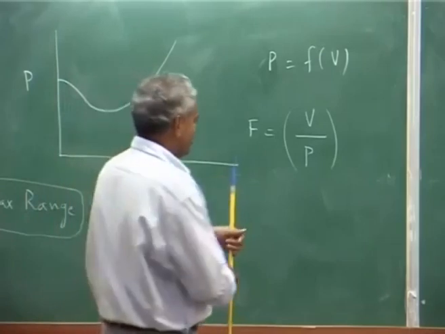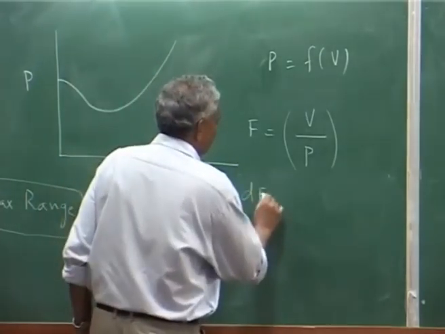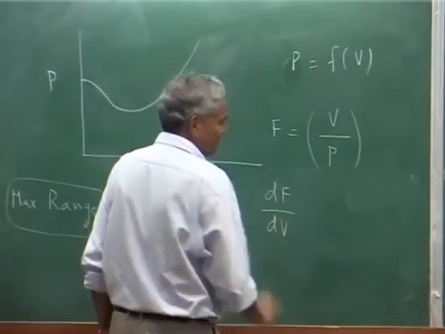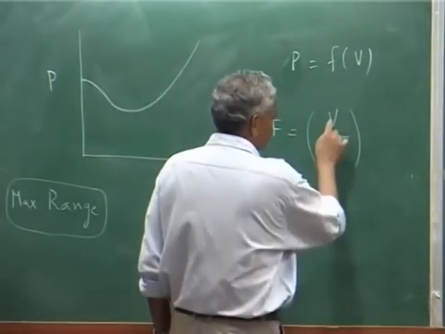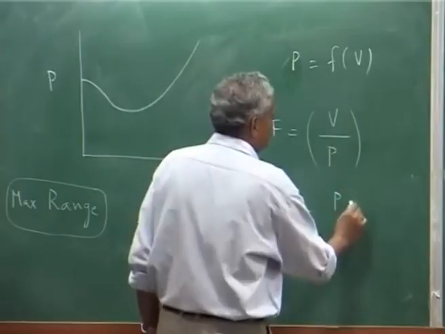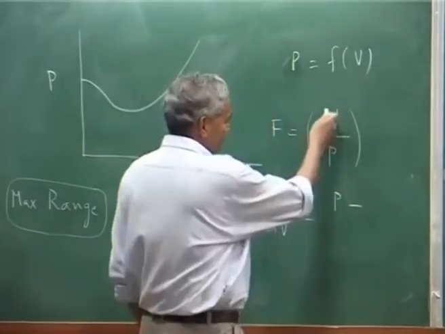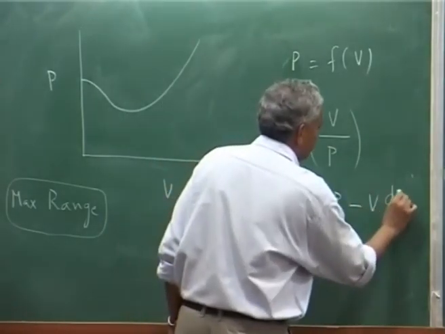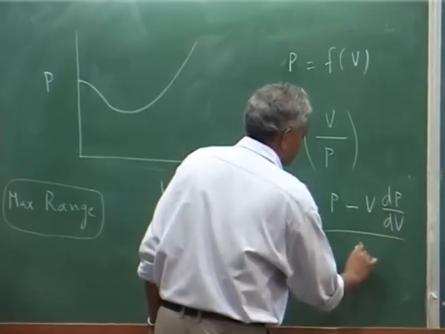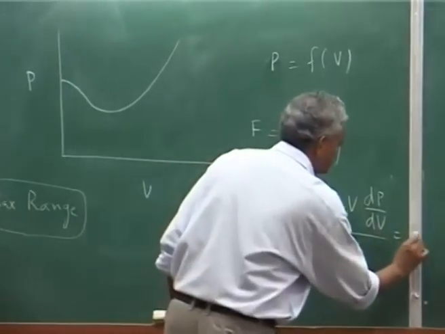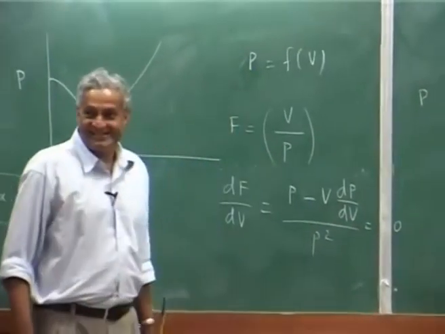So, what you do is you take this df by dV, velocity, this will be v du minus u dv by v squared, okay, but this is 0.